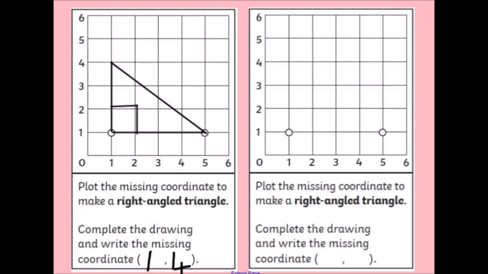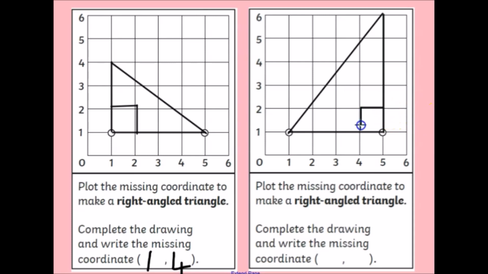I'll start by drawing my base again. Here we go. But this time I'm going to draw my perpendicular line on the right hand side, and I'm going to go all the way up to the top of my grid, and I'm going to join that point to this point here, and I have another right angled triangle.